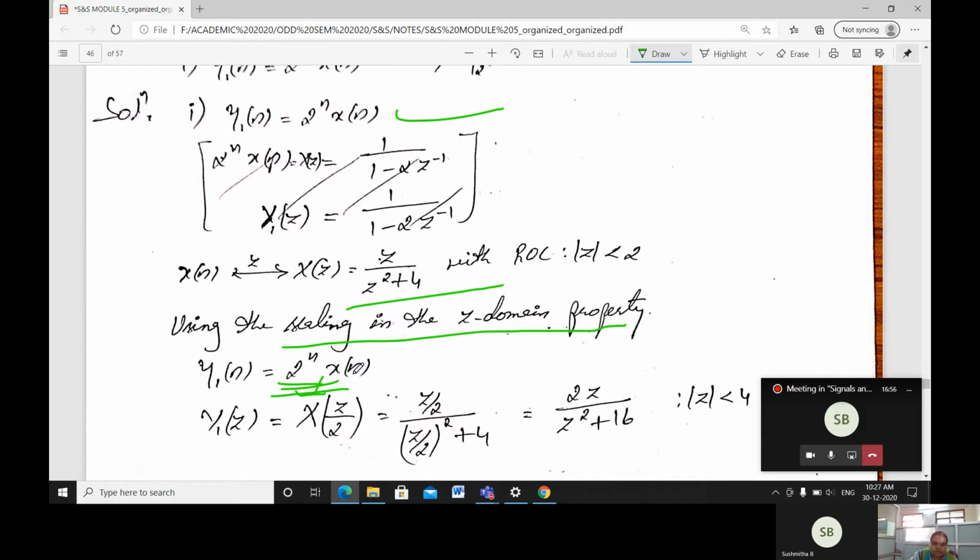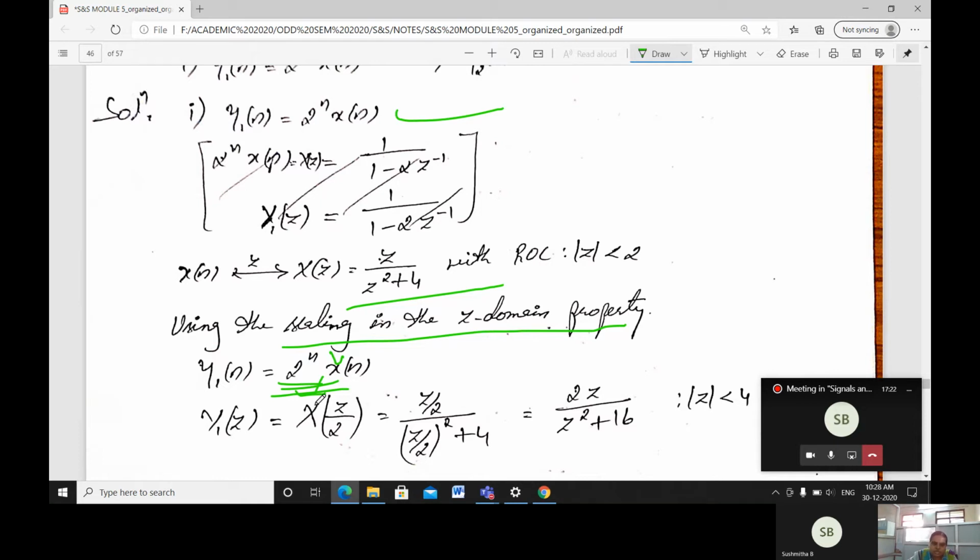Keep in mind, here it is not like u of n. Here for the input signal only, we are going to be scaling by 2 power n. Therefore that equals capital X of z divided by 2. In the z domain, X of z is z divided by z squared plus 4.